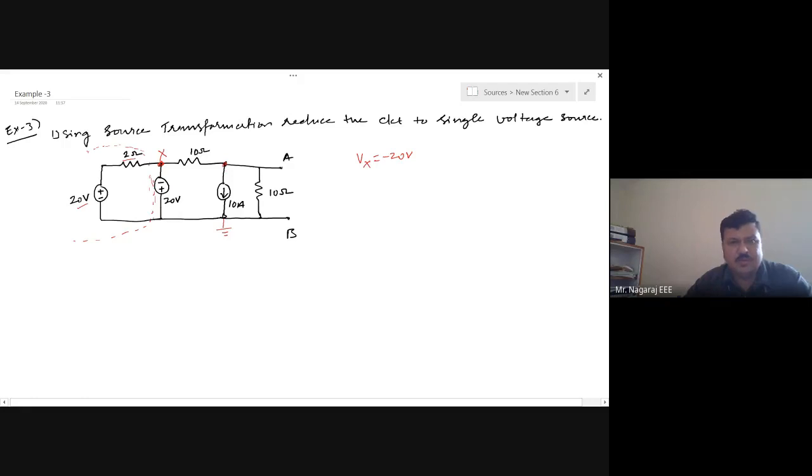This node may be behaving differently, suppose node Y, that is a different issue. But here there is no other node connected to this branch, 20 volt and 2 ohms. Suppose if there would have been another branch here, then I would not have done this. Okay, are you getting my point?